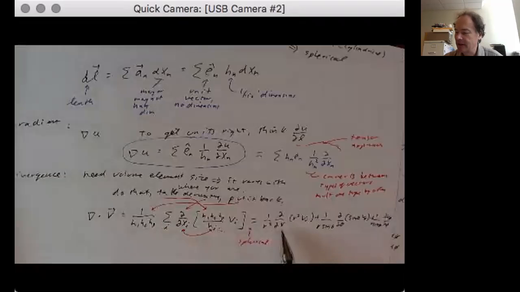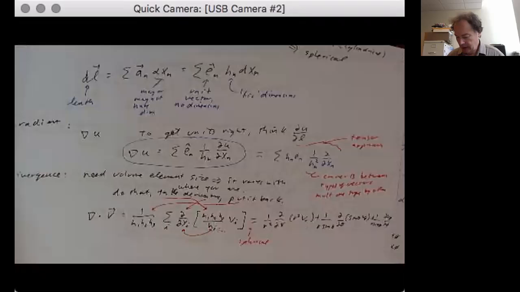And you end up with this, which is rather simple. There's an r in both of these that comes out because you're not taking r derivative, and that knocks out one of the r's from the r squared. So that's how this works. If you look, all the units on those three terms are in fact the same and correct.